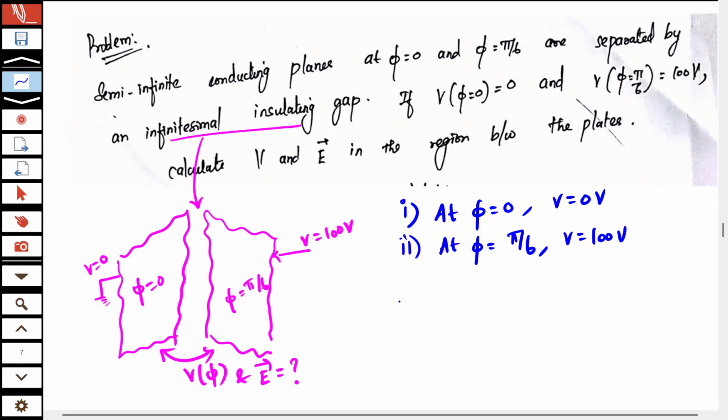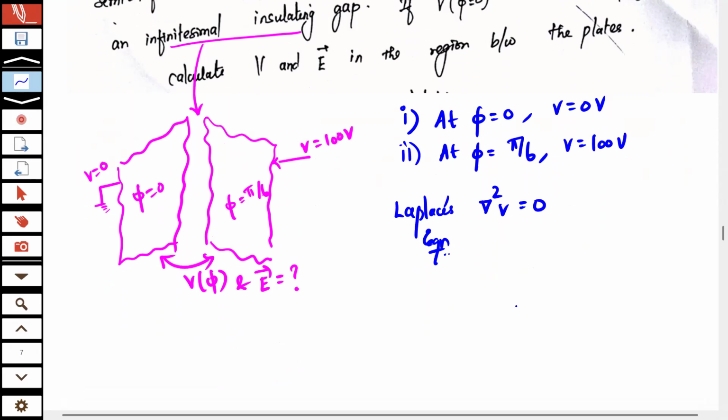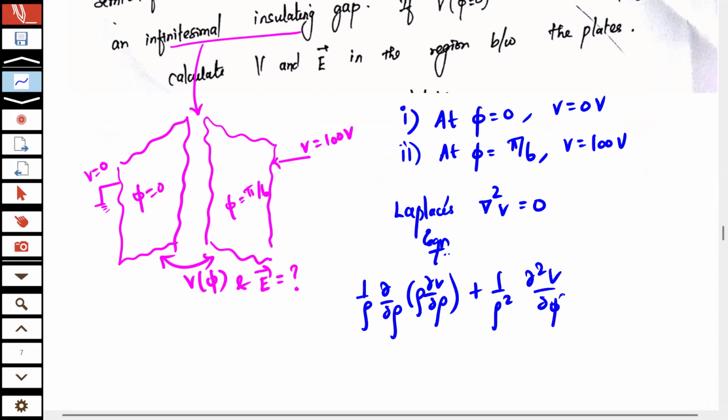So starting with the Laplace equation, we know Laplace equation is del square V equals 0. Now we will be writing the Laplace equation in cylindrical system, which is 1 by rho, dou by dou rho of rho dou V by dou rho, plus 1 by rho square dou square V by dou phi square, plus dou square V by dou Z square equals 0.